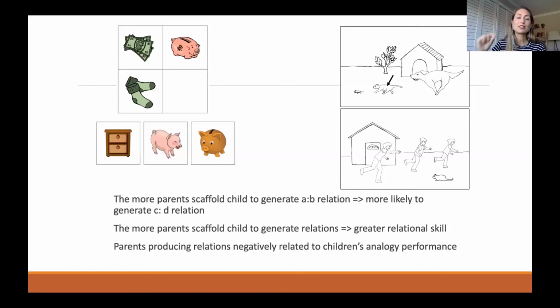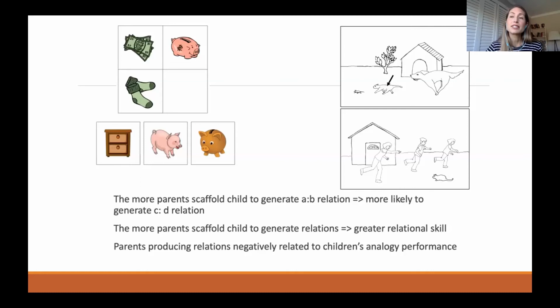We also saw that parents who produced the relations themselves was negatively related to children's analogy performance. So it suggests that parents who are bringing their lens of socialization, or doing the work of producing these relations for these children, we don't have quite a causal link, but we see their children are maybe showing a slower analogy performance trajectory.